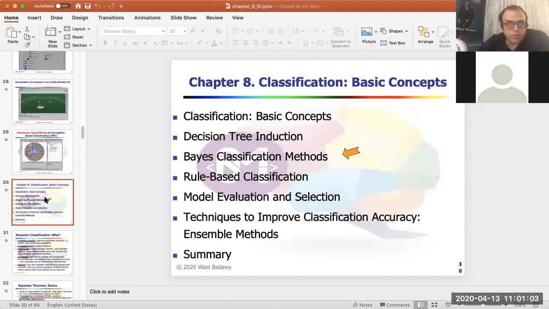Until this point, we talked about decision trees. We talked about the basic concept, and the basic concept was two things. One is I want to classify, or I want to cluster. Then we talked about decision trees and how to optimize them using bootstrapping or using the AVC approach.